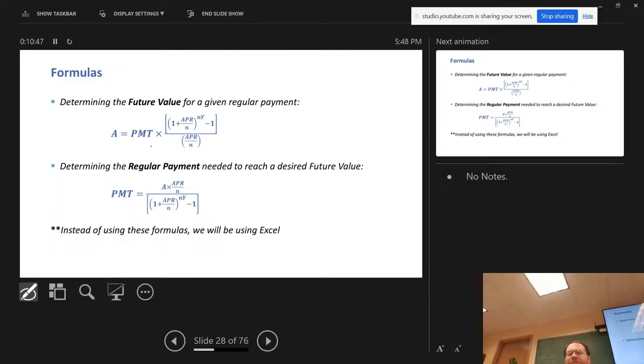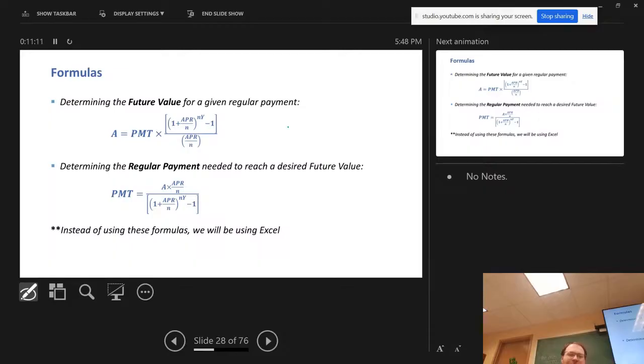But there are some pretty complicated formulas here to figure out the future value. I'll be honest, I think those look pretty obnoxious formula-wise. Would highly recommend using Excel to figure this out.